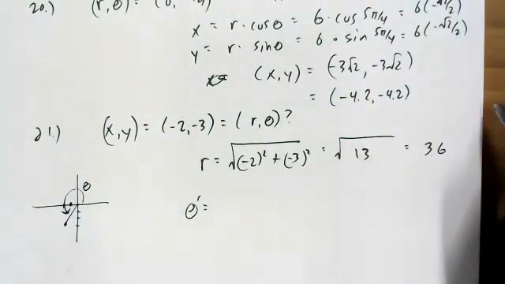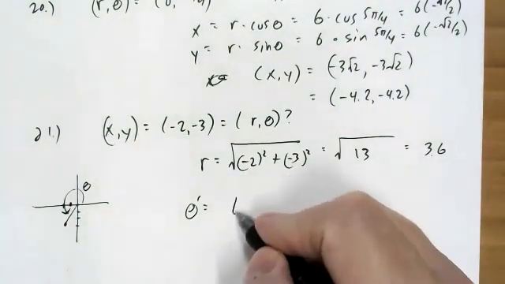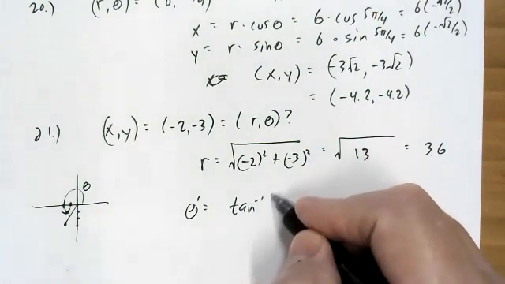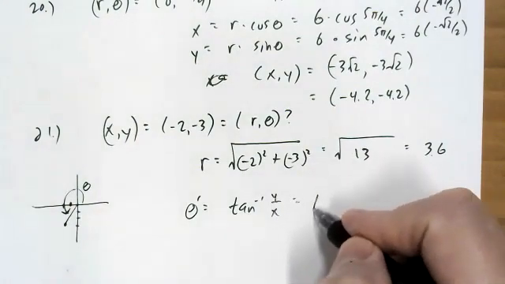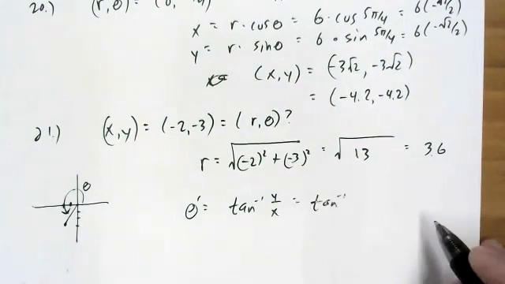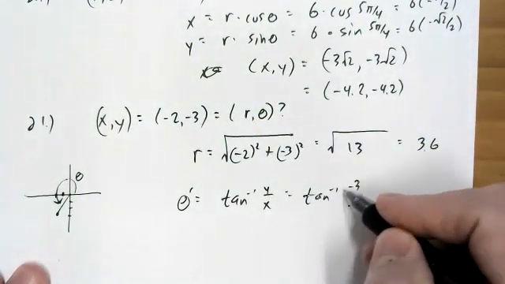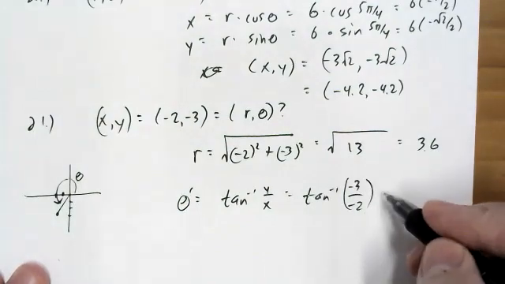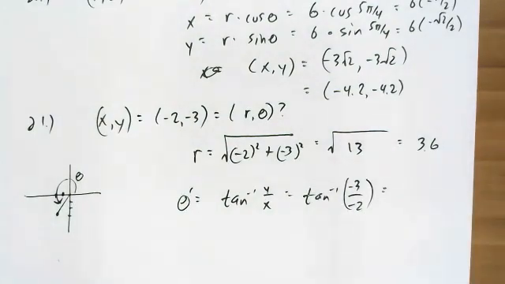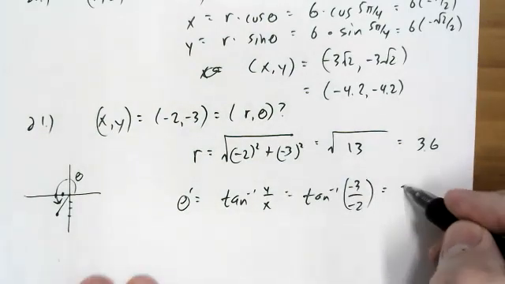We'll see what this calculation gives me. Inverse tangent of y over x. Inverse tangent of -3 over -2. So inverse tangent of 1.5. 56.3 degrees.